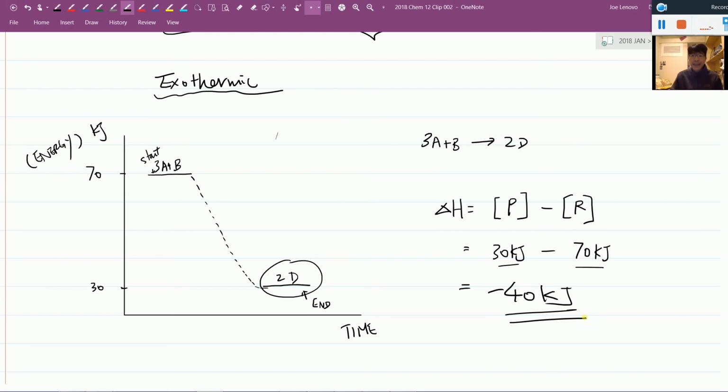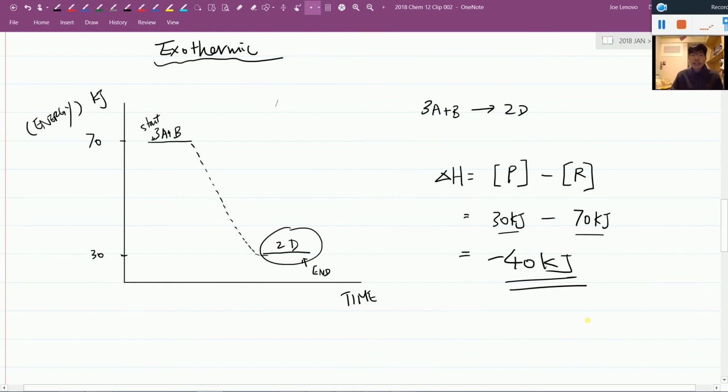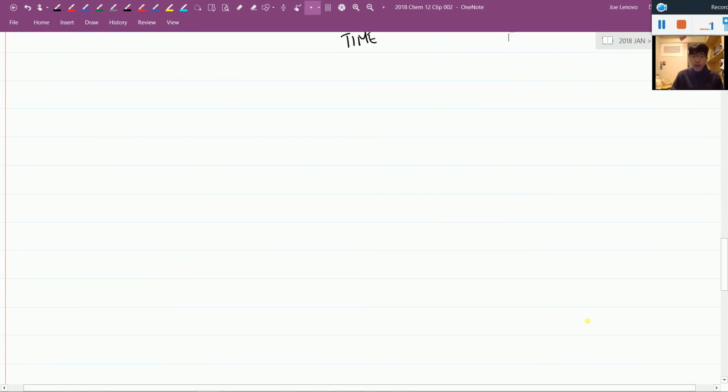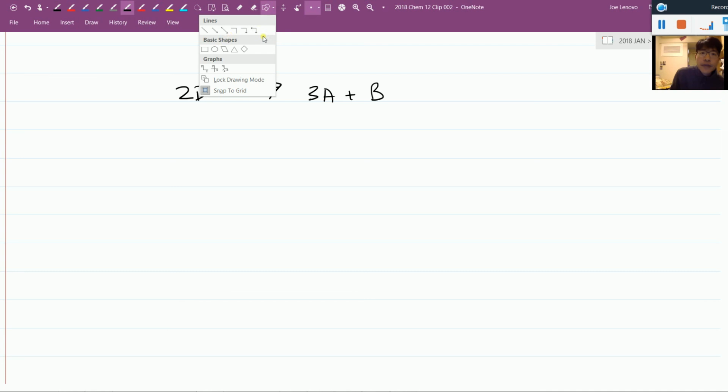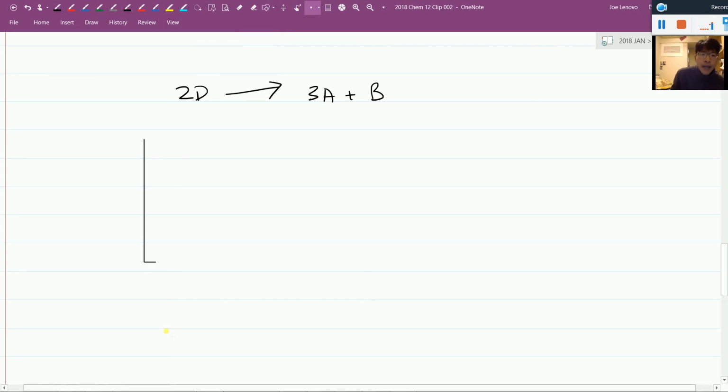Makes sense. If it makes sense, then how about I change the whole thing opposite? Now I do endothermic. If I flip the reaction like this, 2D can react and turn into 3A and 1B. If I flip the whole thing, then you should be able to tell me straight away this is an endothermic reaction.